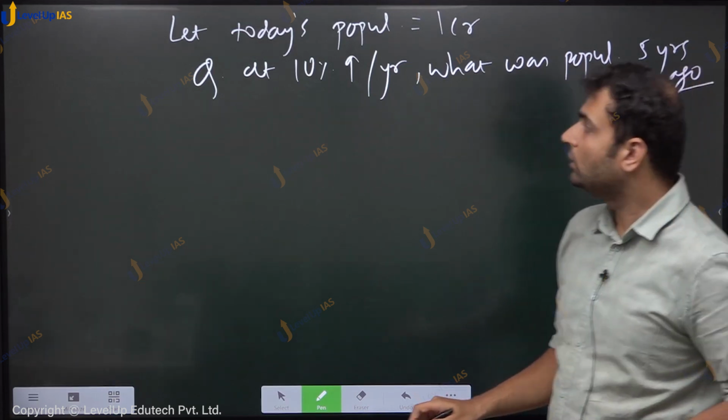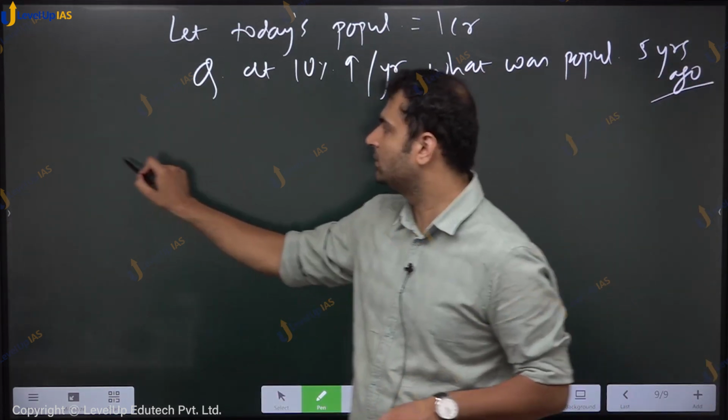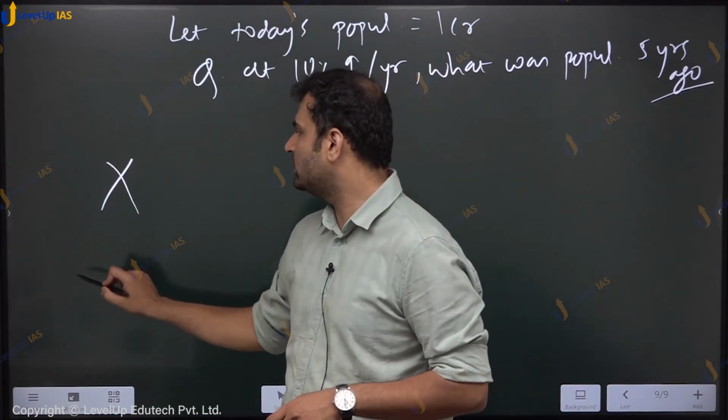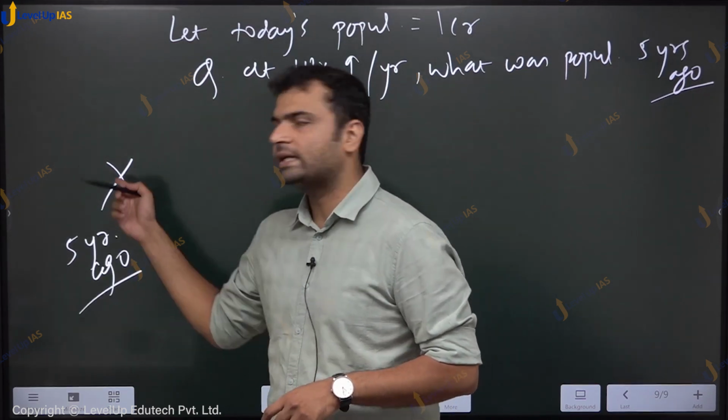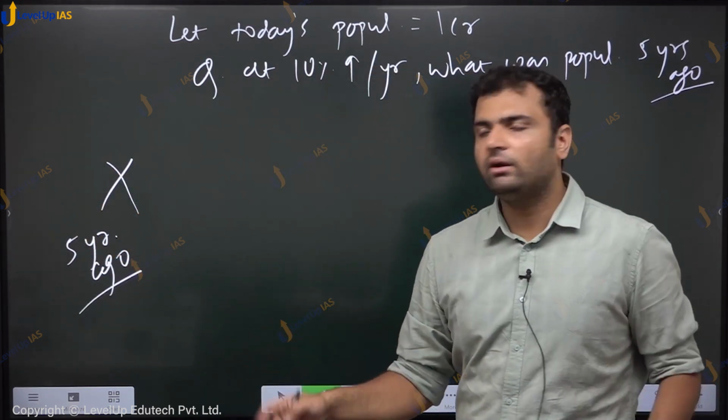Okay. So what do we do? Let the population 5 years ago be x, and from there what do we do?